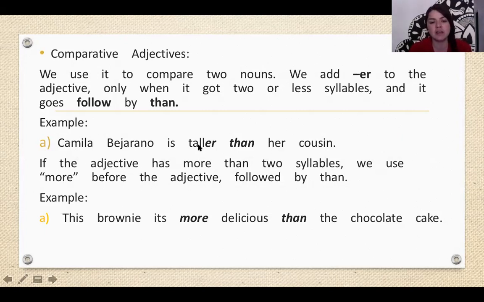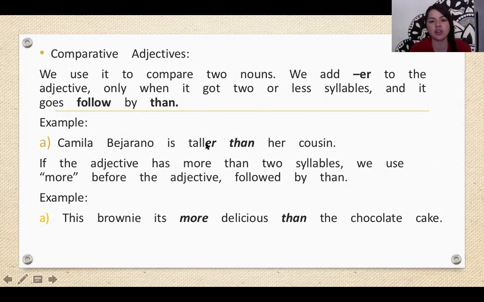These two parts of my sentence are telling me that I am talking about a comparative adjective, okay? And how many nouns am I comparing? Two. I'm comparing Camila Bejarano with her cousin. So I add ER and than.